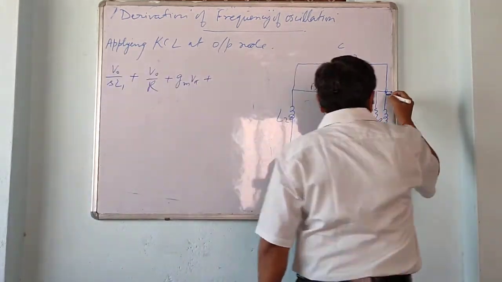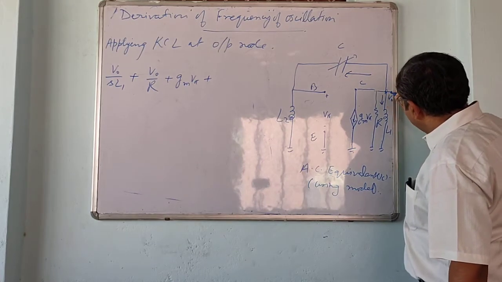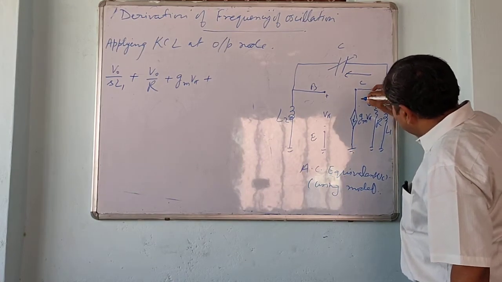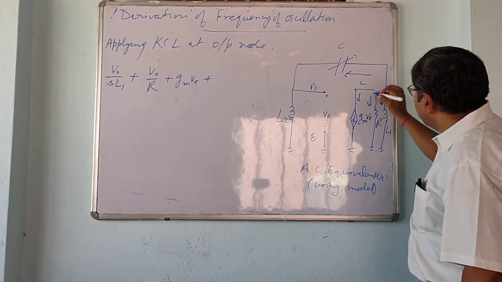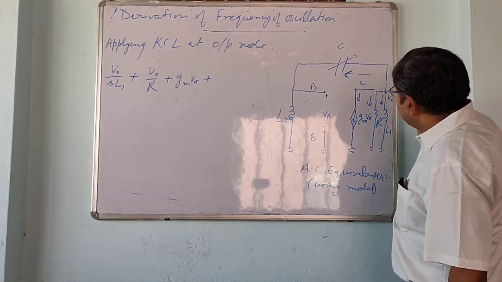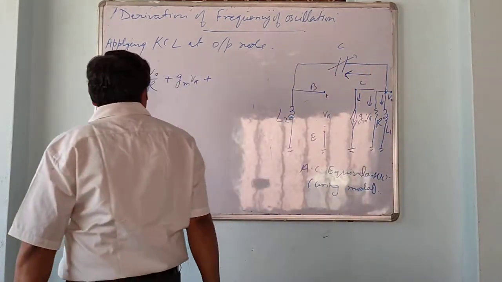So we have four parts: current through the inductor, current through the resistor, the dependent current source, and another part, this one.